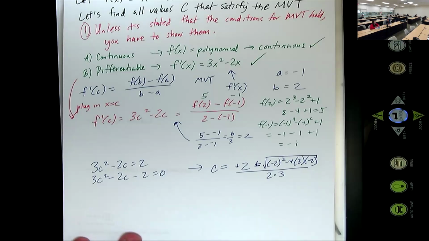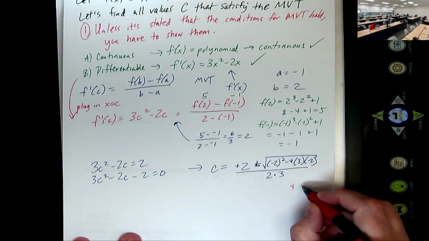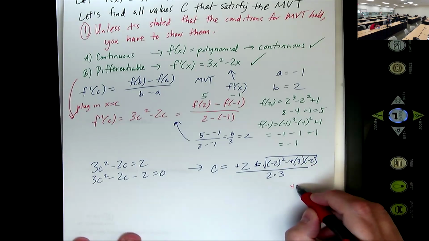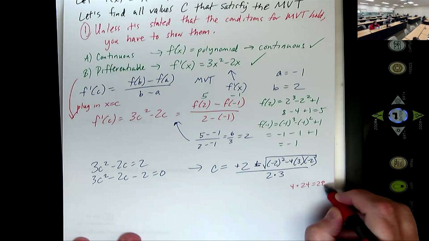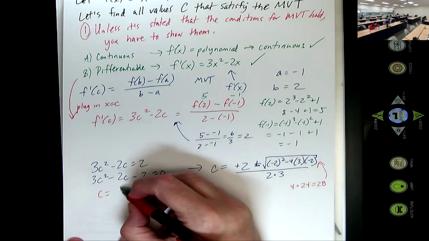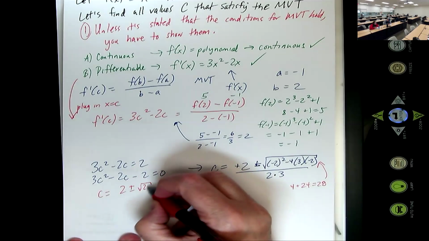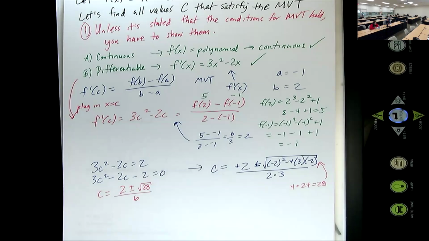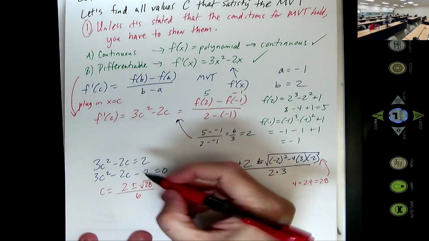So what do we have in there? Inside, we've got 4 plus 24 equals 28 on the inside. So C equals 2 plus or minus square root of 28 over 6. And we'll get two different values.